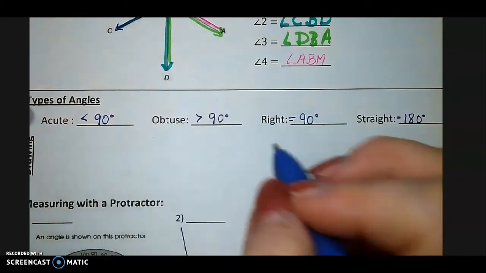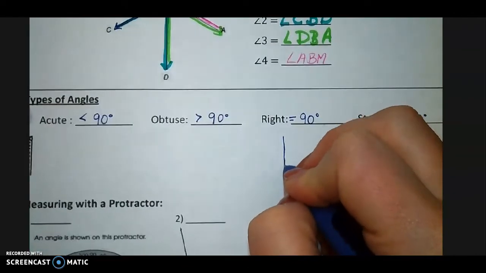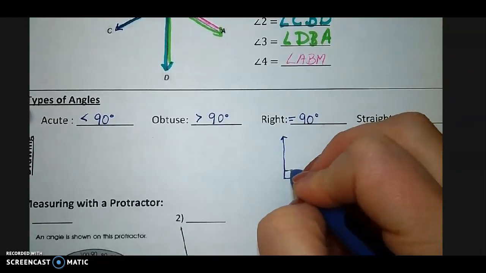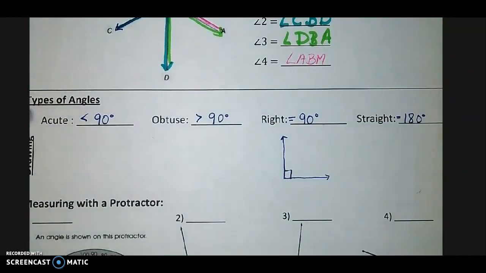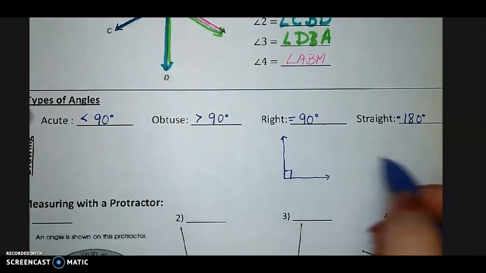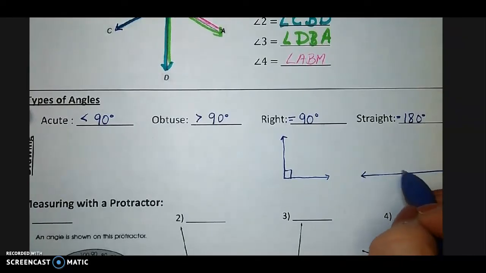So I'm going to start with the right angle actually. A right angle looks like the letter L. And we put a little square on there to show that it is 90 degrees. Now an obtuse angle is bigger than that. So a straight angle is flat, and this is 180 degrees.